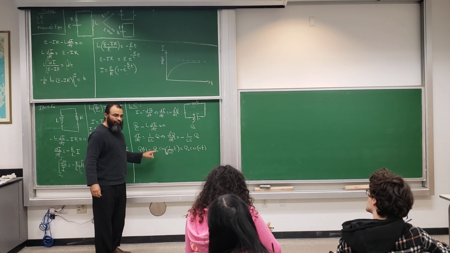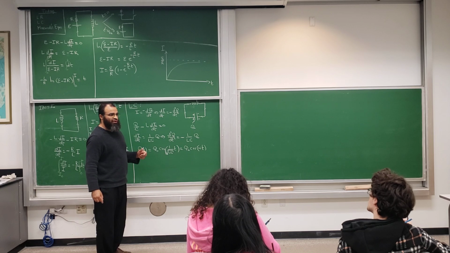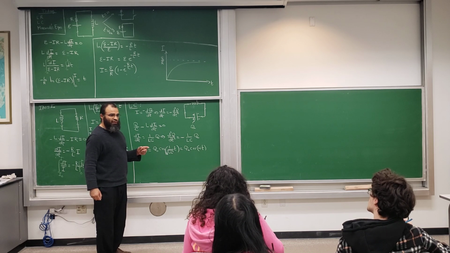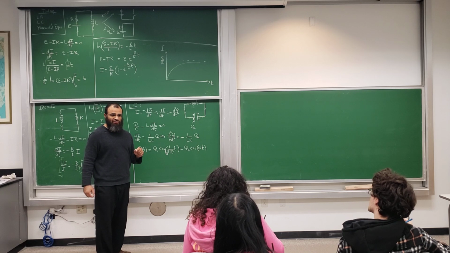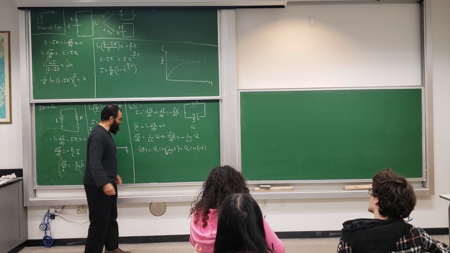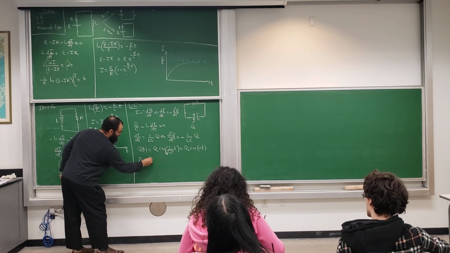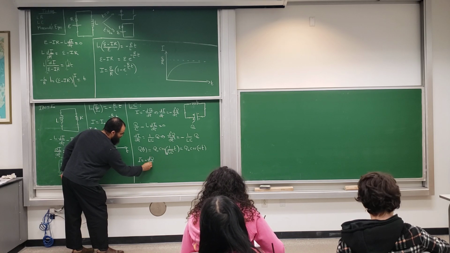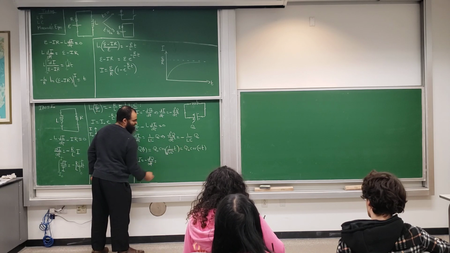So that works. Secondly, the current should be negative dq dt, and it should be 0 at the beginning, right? At t equal to 0, the current should be 0. So let's see. The current is minus dq dt. What's the derivative of this?